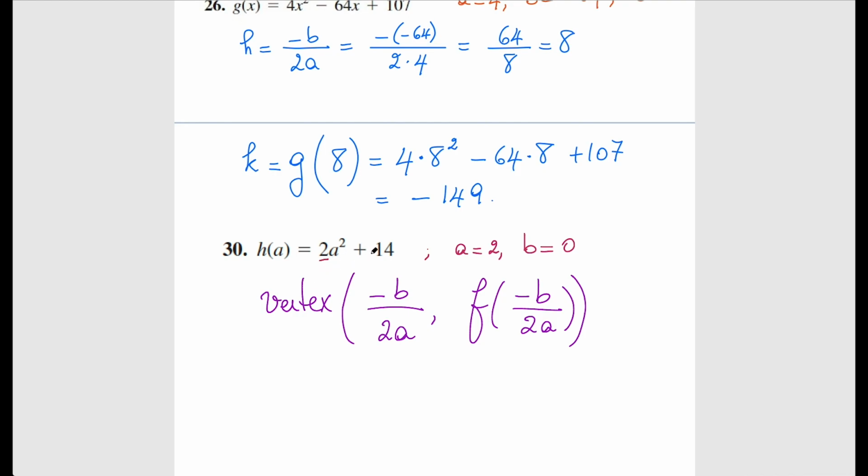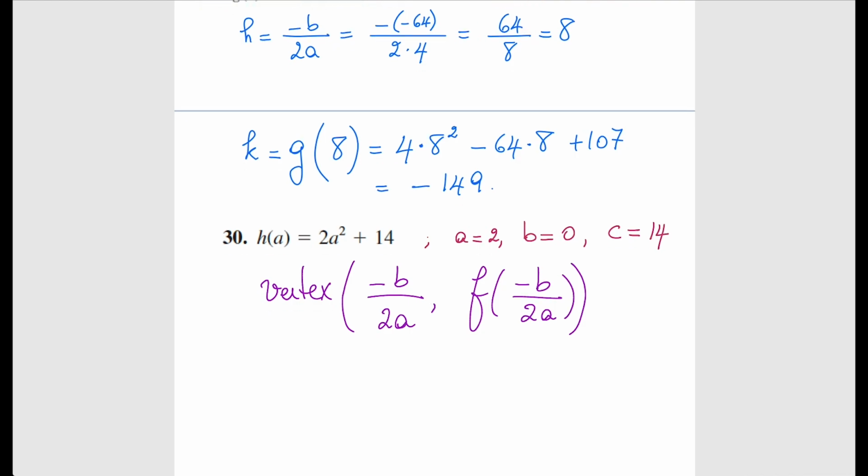Why b is 0? Because the only way that the b term vanishes, does not show up, is if b is 0, right? The b being 0 is gonna allow this term to vanish, and hence you don't see it. And the c is 14, right? And the c is 14 in this case.